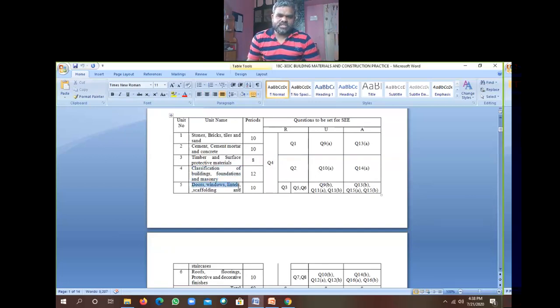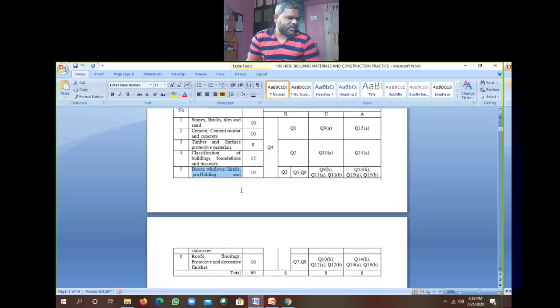Here we have another three chapters: classification of buildings, foundations and masonry; doors, windows, lintels, scaffolding, staircases, and roofs; floorings, decorative and protective finishes.